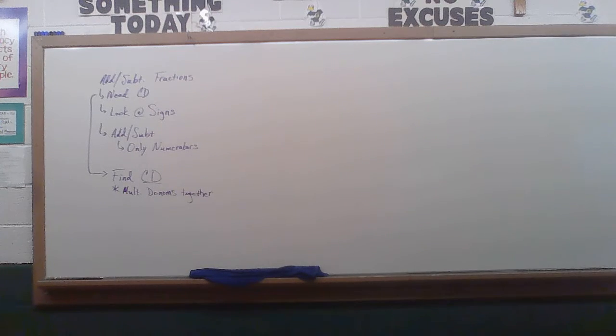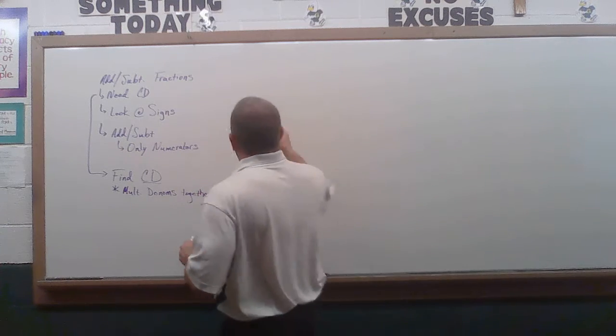And some of us don't like to do that a whole lot. So, we can use any common denominator that we want, or we can try to find the least common. That's totally up to you, how you want to do it.